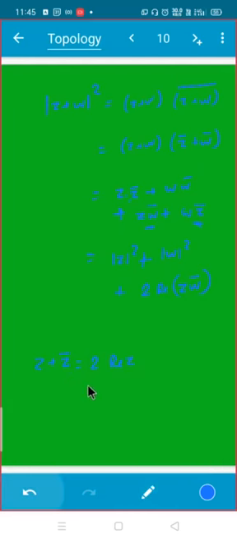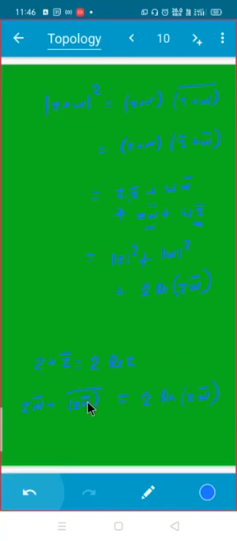So let us write, the right hand side is going to be 2 times real of ZW bar. So that means what is my Z here? It is going to be ZW bar and this next thing will be ZW bar, ZW bar, the whole bar.